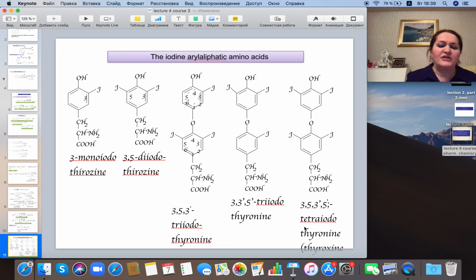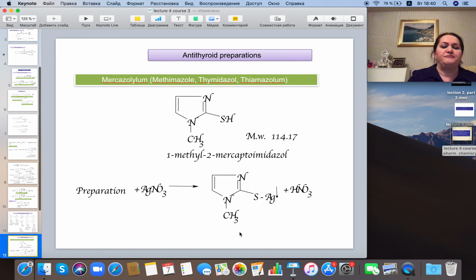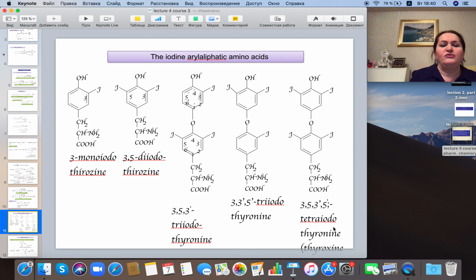The natural preparation thyroidin includes both, while the synthetic preparation liothyronine includes only triiodothyronine. That is the difference between each other. These preparations, thyroidin, liothyronine, L-thyroxine or levothyroxine, are used as thyroid hormones.